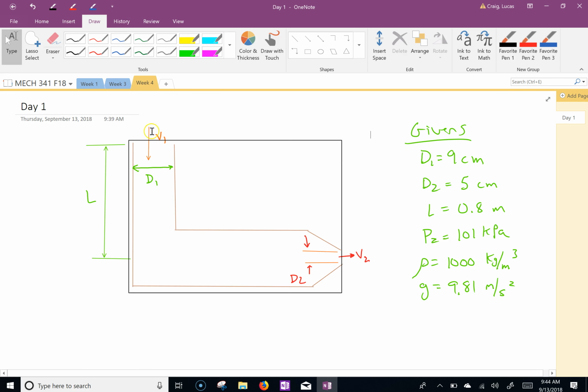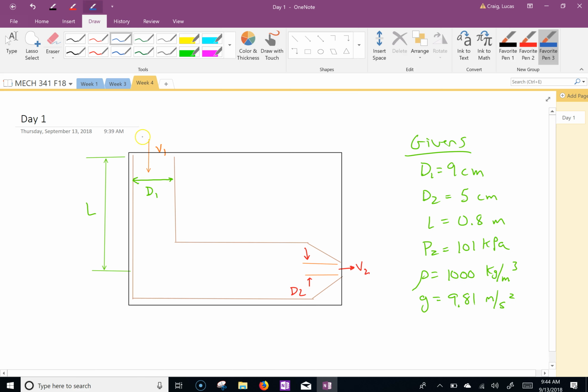There's a longer pipe up here, so we just cut it right here. We know the gauge pressure here, so there's going to be P1 gauge times A1 as a force. And then at state 2, it's going to be P2 gauge A2.